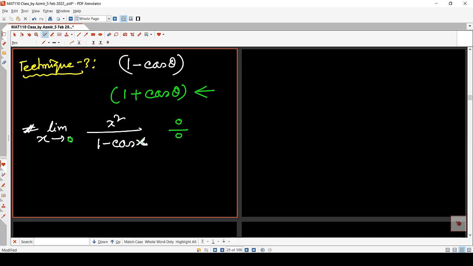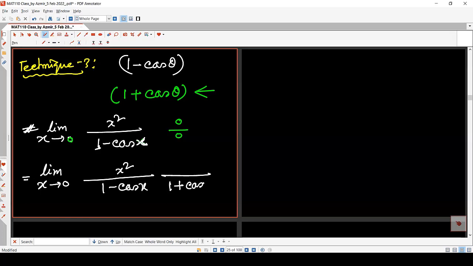So we can see that we have 1 negative cosine x. To simplify this function as much as we can, what do we have to do? We have to multiply by the opposite similar quantity. So for 1 negative cosine x, its similar quantity will be 1 plus cosine x.